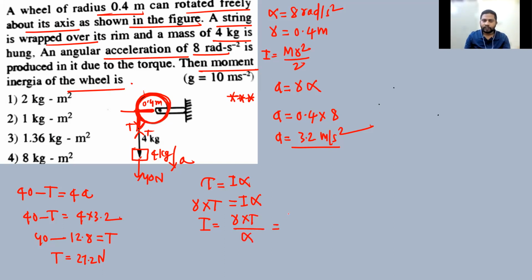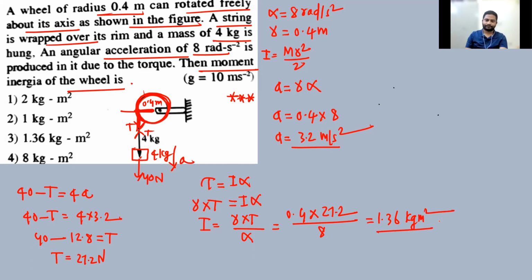So what is R? It's 0.4. What is tension? 27.2, divided by alpha. Alpha is already given as 8. So if you start solving, you will get 1.36 kg meter square, my dear students.